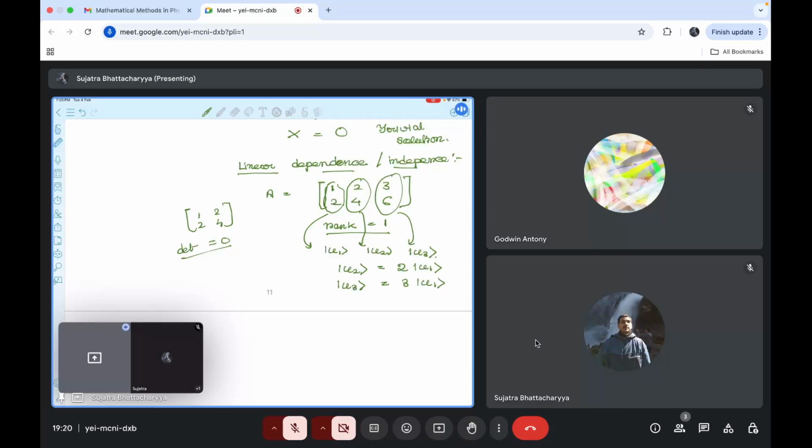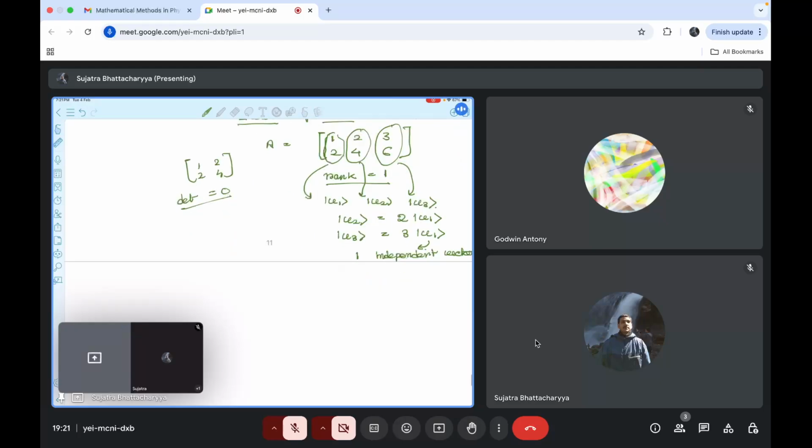So, of course, U2 and U3 are dependent on U1, but you can set U1 as one of the independent vectors. Based on that, if you multiply it by 2 or by 3, you get dependent vectors. So rank and the number of independent rows or independent columns are the same. That is the thing which is to be shown.